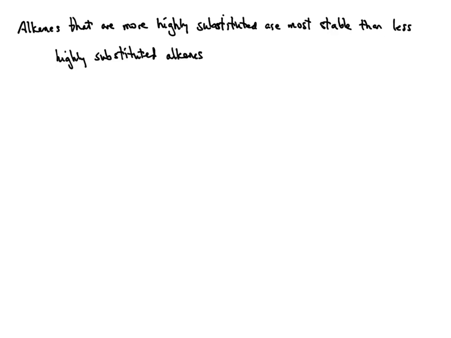Okay, so if we have a simple monosubstituted alkene, there's only one substitution on it, this R group. We say that this is the least stable of the following series that I'm going to draw.